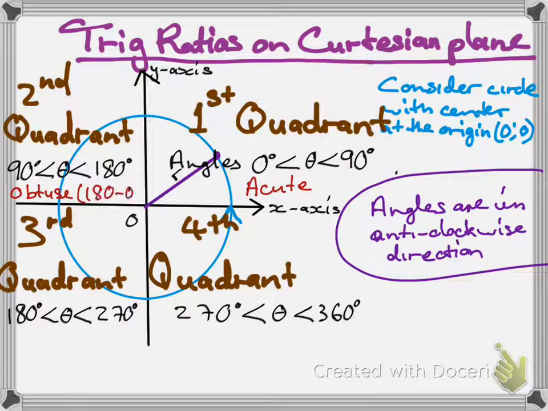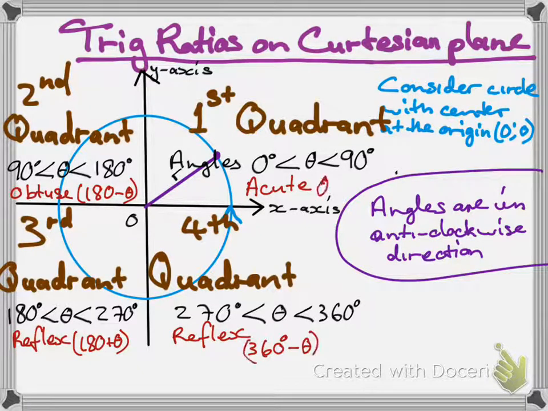So you see in the first quadrant, we said we've got acute angles, and in this quadrant, x and y are both positive. So the coordinates of the points in the first quadrant are both positive.